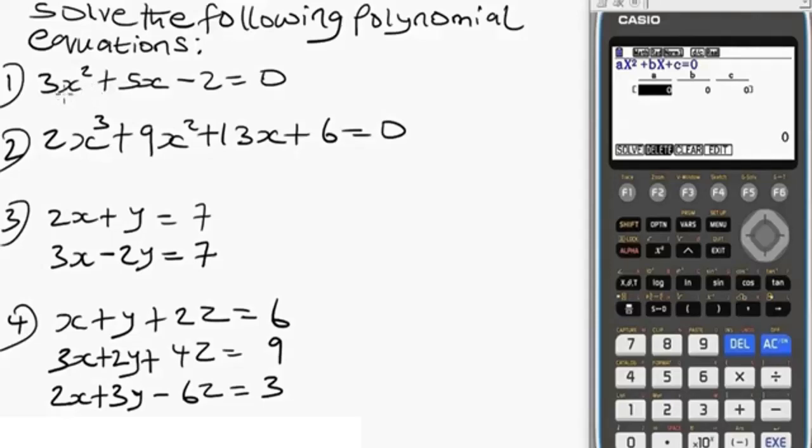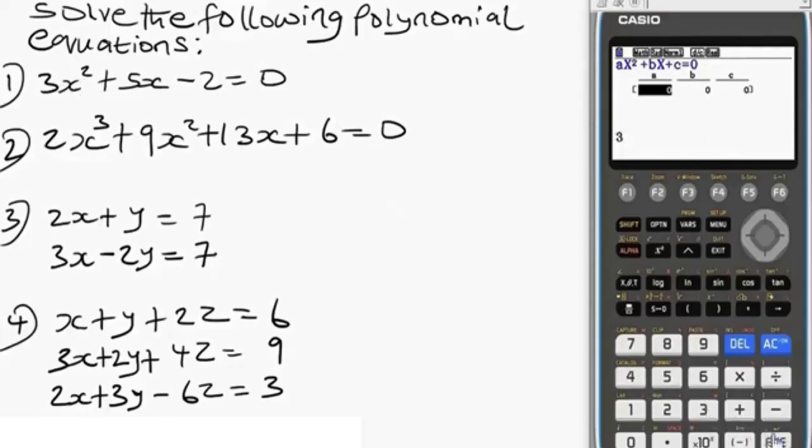Here in 3x squared, which is our A, the coefficient of x squared is 3. So that's what we're going to input under A, B, and C, their respective coefficients. The coefficient of 3x squared here is what? 3. A coefficient is simply a number behind a variable or an unknown. So 3 is the number behind this variable x squared. So you input 3 here.